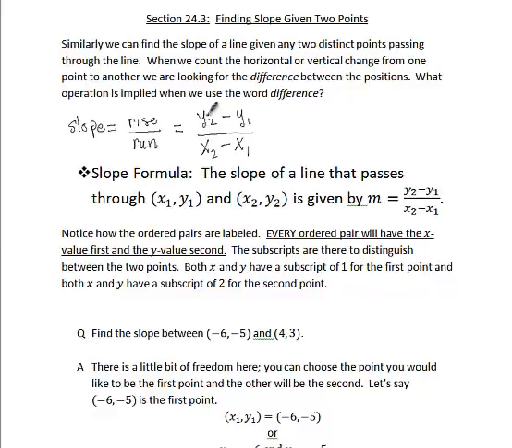So if y2 comes first on the top, then x2 has to come first on the bottom, or else you'll get the wrong sign for your slope. Okay, and this next part is just telling us any 2 points that you pick on a straight line, a linear equation, any 2 points you pick on that line will calculate the same slope, rise over run.